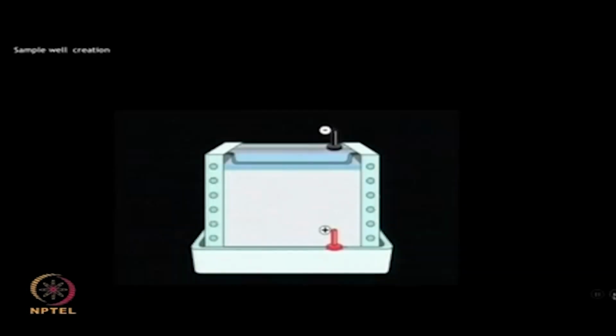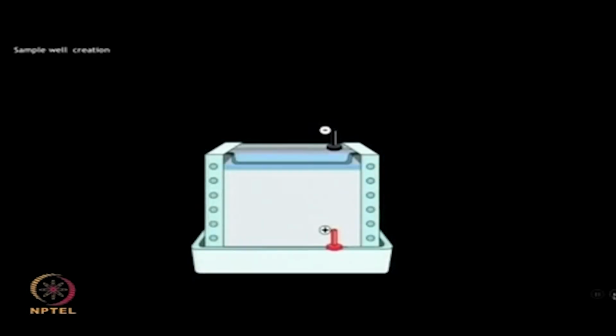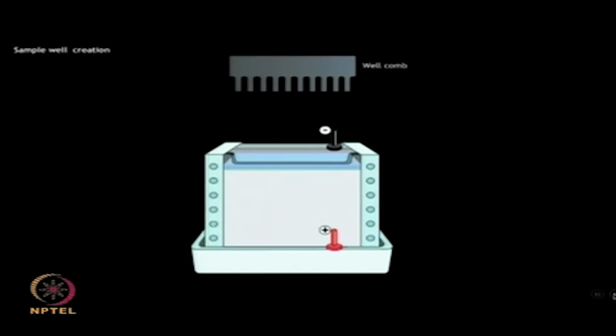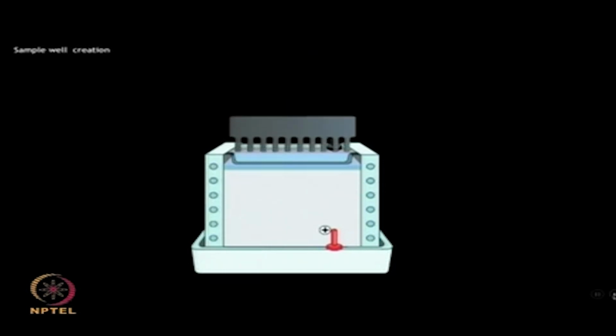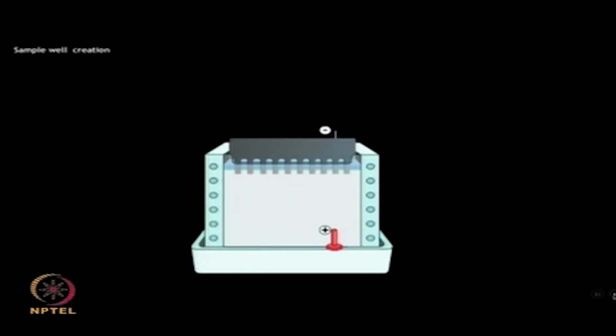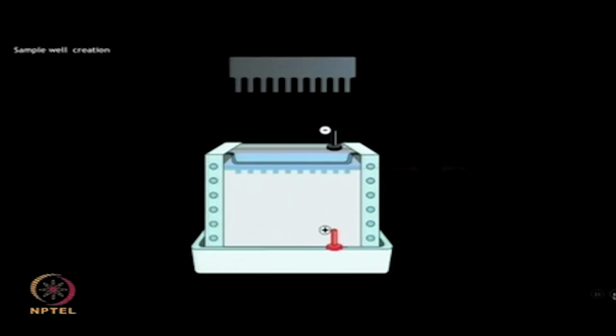Once the solution is poured, then sample wells can be created. The sample wells of uniform size, shape and separation are made using a comb which is placed in the gel as soon as it has been poured. After the gel has polymerized, the comb can be removed to provide a gel ready for the process.